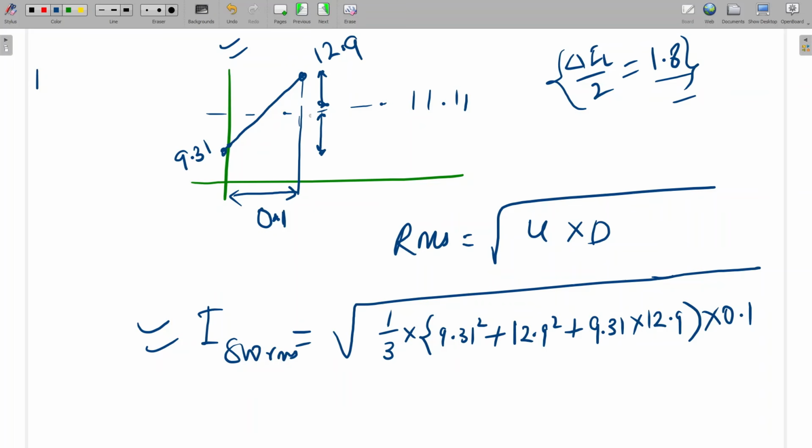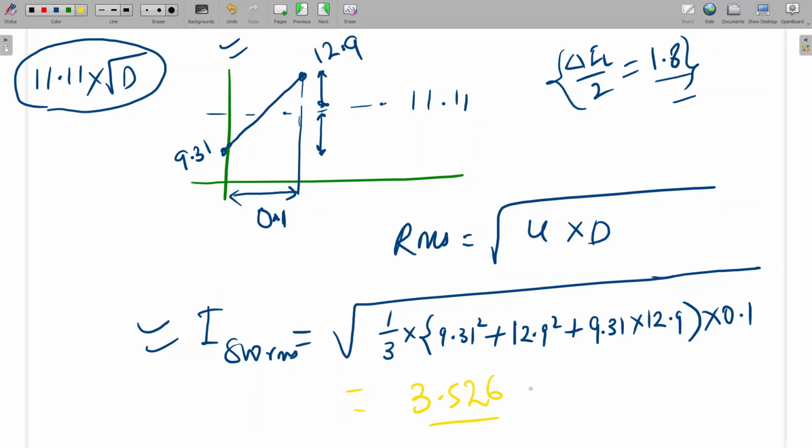So 11.11 into under root D, directly we can do. In that case we can assume this as a straight line. 3.51, sir. Answer 3.51. 3.51 or 52. 3.526. Okay.